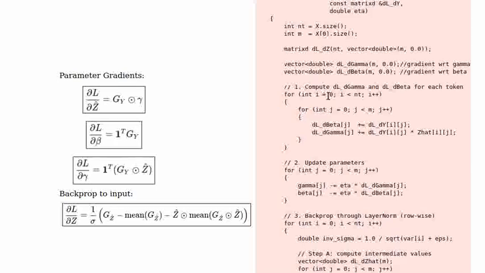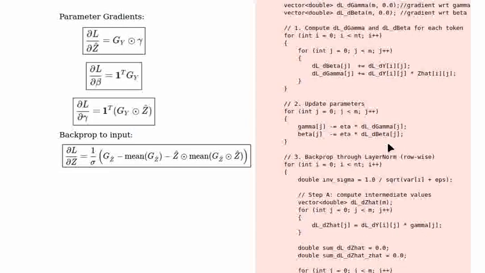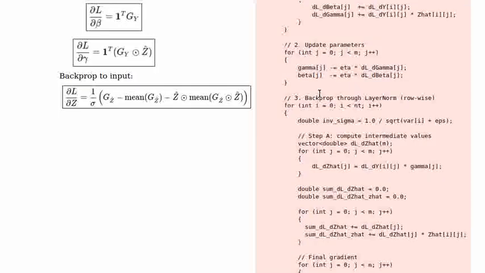That's the row, different rows. The same for dL/dgamma, except that we need to multiply this by c hat. Okay, element-wise multiplication. And again, this one transpose vector is to do this sum. And then we update the parameters.